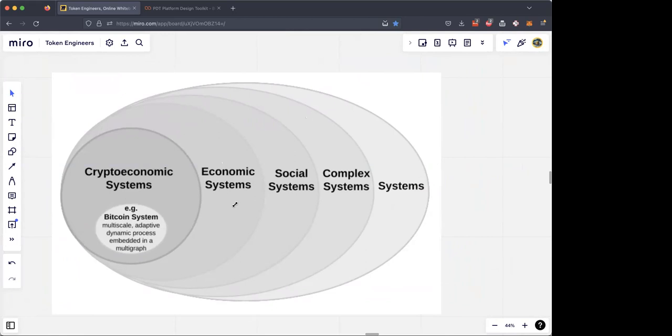So you're just a rational agent spending your money, trying to decide what you want to spend it on. Social systems, I guess they take into account human behavior. Not quite certain what the difference is with the economic, but I'm guessing that takes into account the psychological, behavioral economics would go into maybe here. Maybe Sebastian can tell us about this, but complex systems, I know what that is.